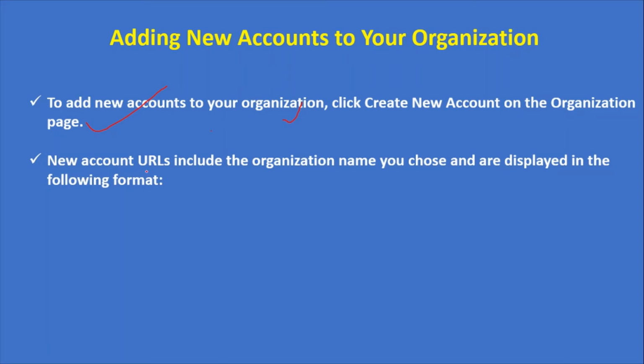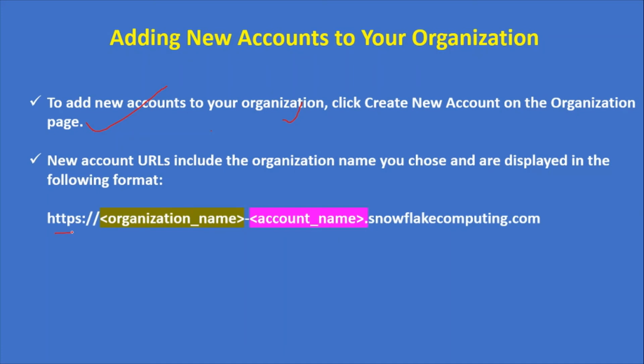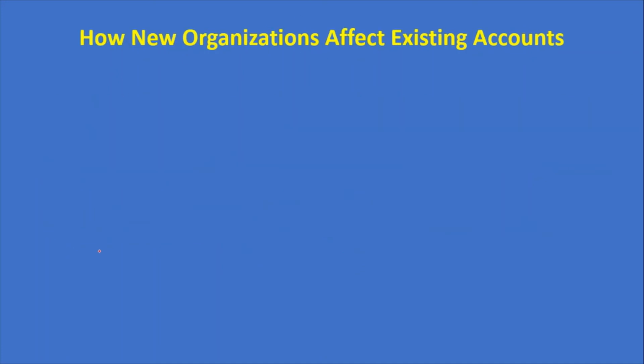New account URLs include the organization name you choose and are displayed in the following format: https://organization_name-account_name.snowflakecomputing.com. The organization name part is common, and the account name changes for each account. You can create more than one account from the organization.